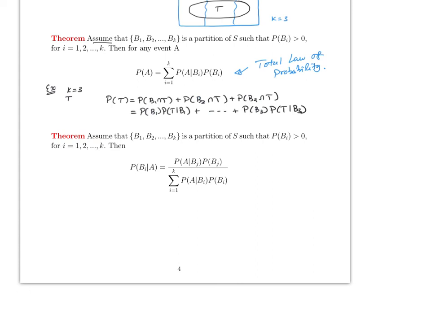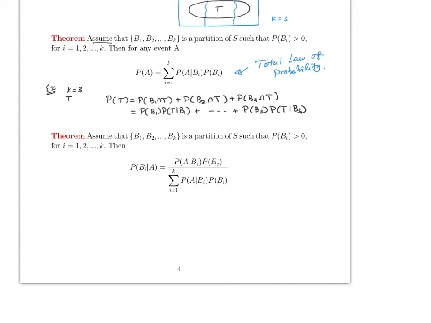Now the last theorem we're going to look into is called Bayes rule, and notice that this relies or depends 100% on this right here, and actually on the total law of probability.